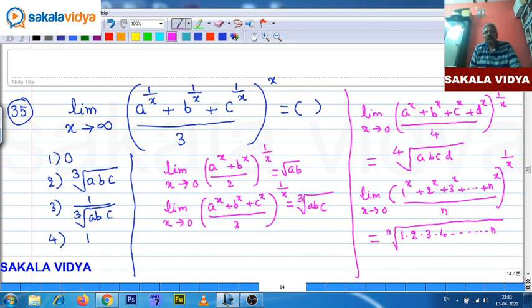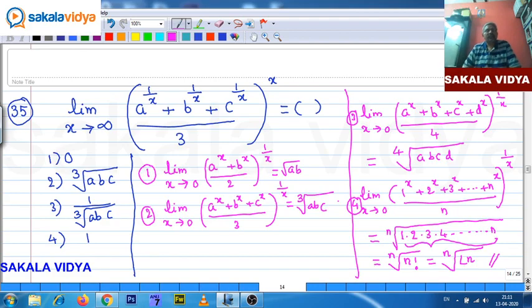Am I correct now? So this is nothing but the product of the first n natural numbers, n factorial. So that means nth root of n factorial. Yes, that's correct. So better you note down these 4 problems.